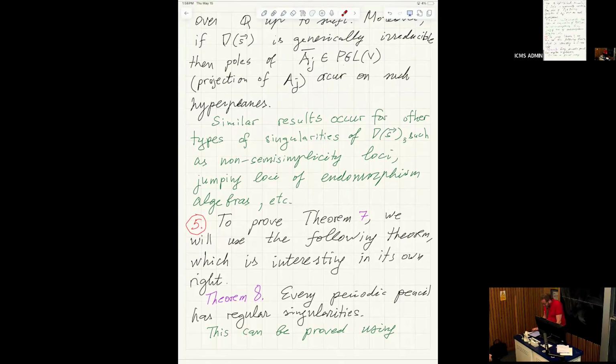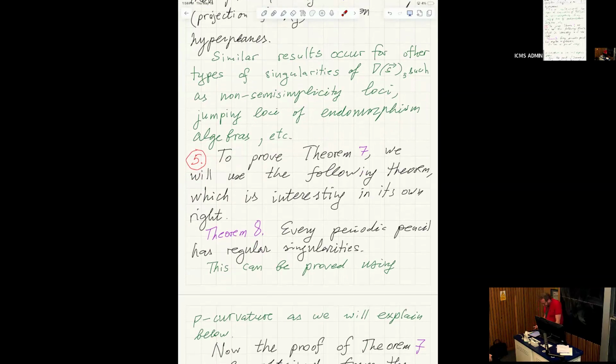So we will use the following theorem, which is interesting in its own right, and which says that every periodic pencil automatically has regular singularities. So I said that periodic monodromy is equivalent to regular singularity is equivalent to being periodic pencil under the assumption of regular singularities, but in fact, regular singularities are automatic for periodic.